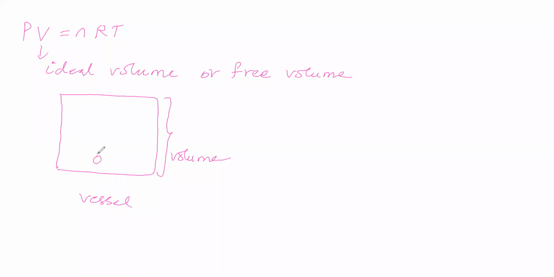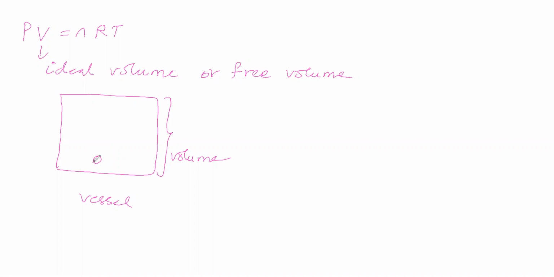Therefore, free volume for this gas molecule is nothing but the volume of this vessel. So the free volume is also called ideal volume. Ideal volume is equal to the volume of this vessel.